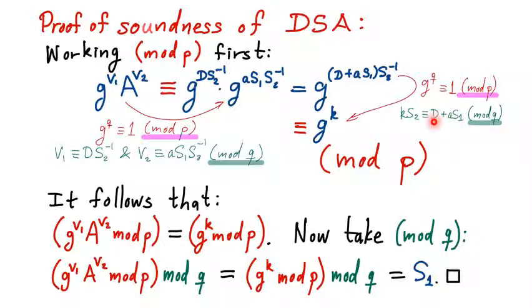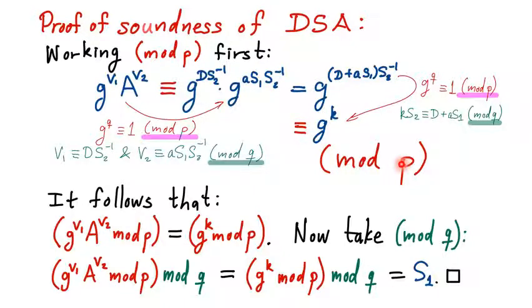And that means that if you divide D plus A S1 by S2 in Z modulo Q, the answer is K. So this quantity here is congruent to K modulo Q, which is what should be at the level of exponents, so that the powers of G end up being the same modulo P.